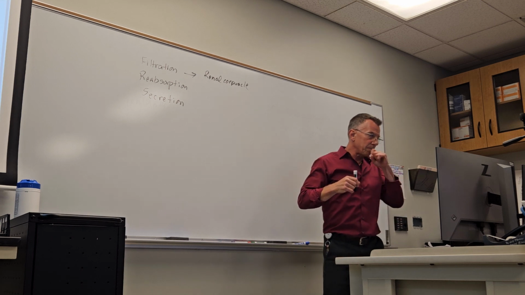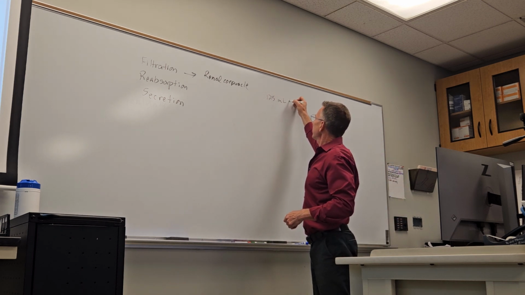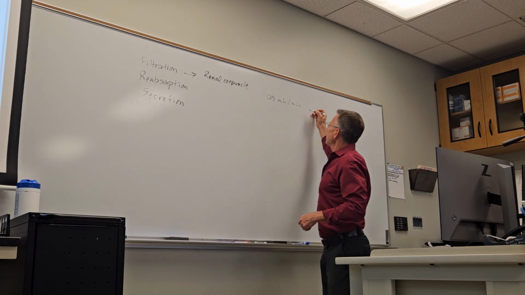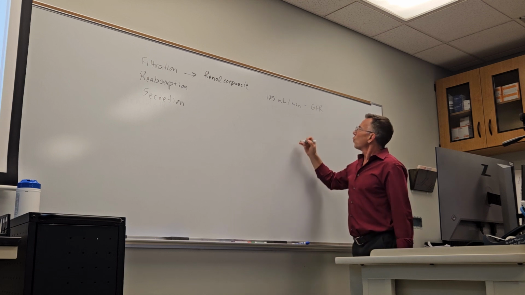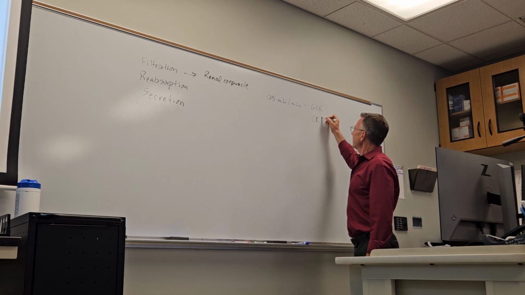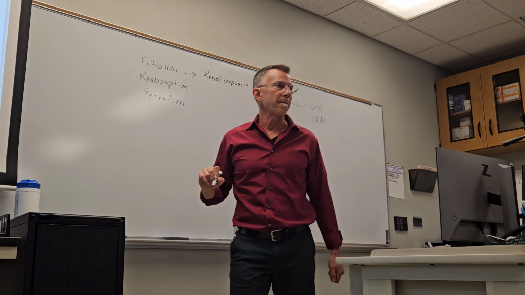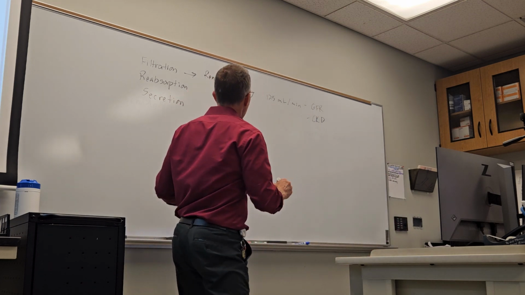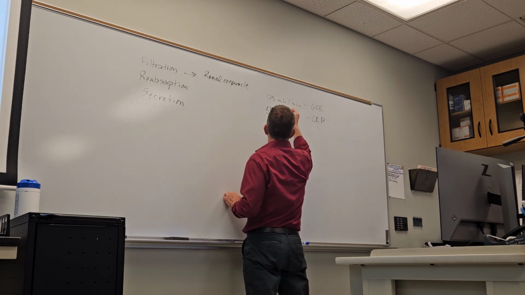Okay, so we had 125 milliliters per minute as our normal GFR. What is your definition of CKD? Chronic kidney disease. Less than or equal to 64 for 3 months.